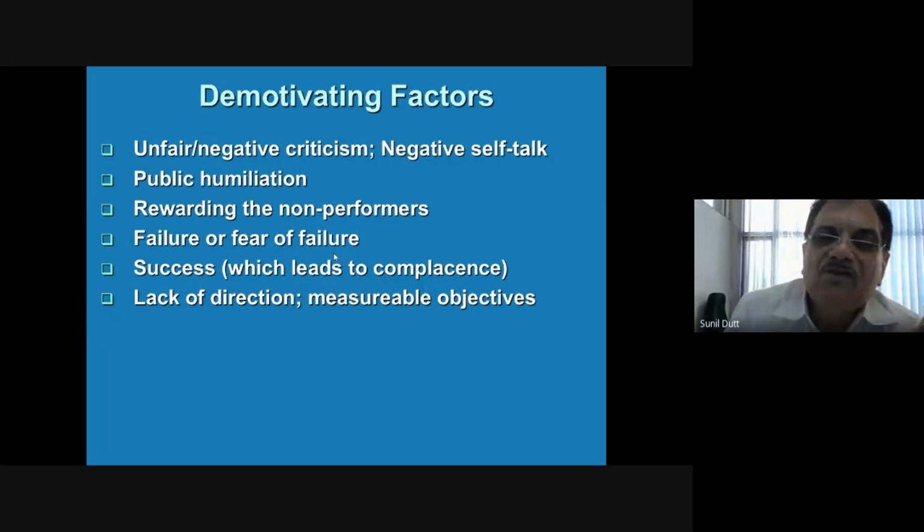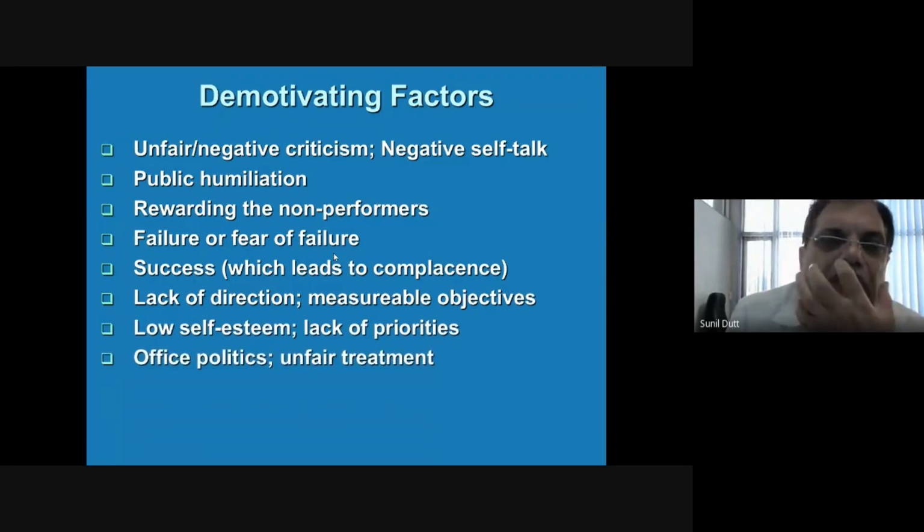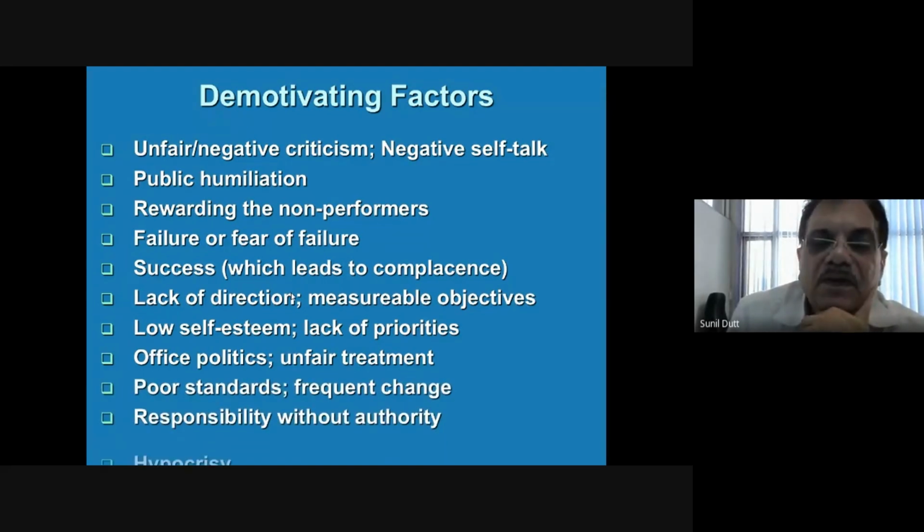So lack of measurable objectives, low self-esteem, lack of priorities. The person doesn't plan, doesn't prepare, doesn't prioritize his activities, politics, unfair treatment, responsibility without authority, and hypocrisy. So these are some of the factors that demotivate many of us.